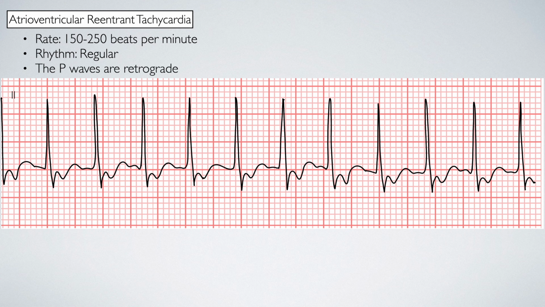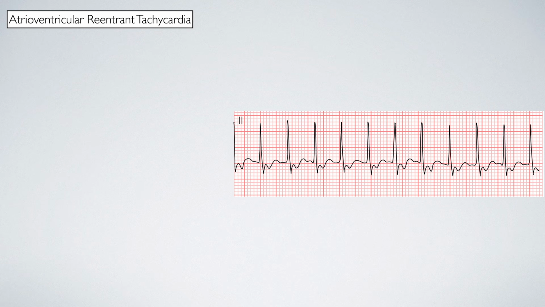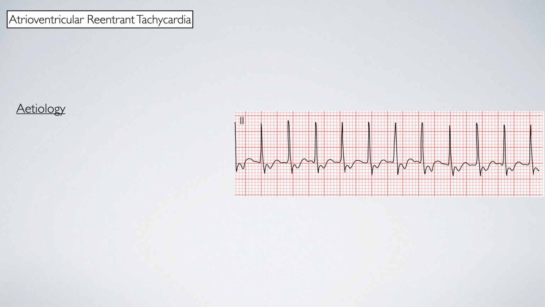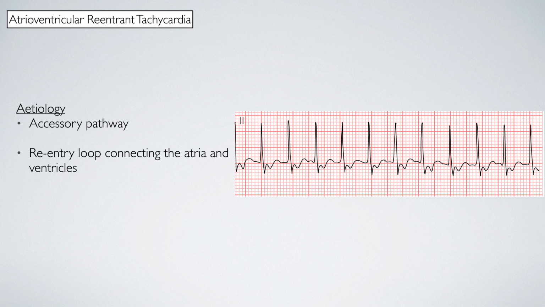The P waves should be retrograde, occurring after the QRS complexes. AVRT is caused by an accessory pathway, and these are found in syndromes such as Wolff-Parkinson-White. The accessory pathway allows for the formation of a macro re-entry loop which connects the atria to the ventricles.